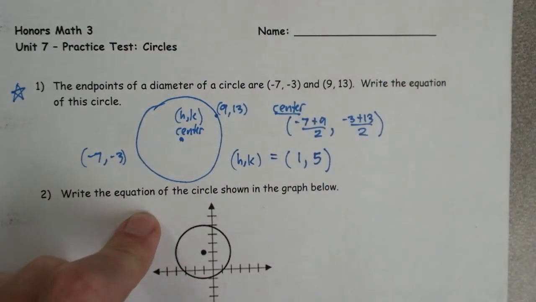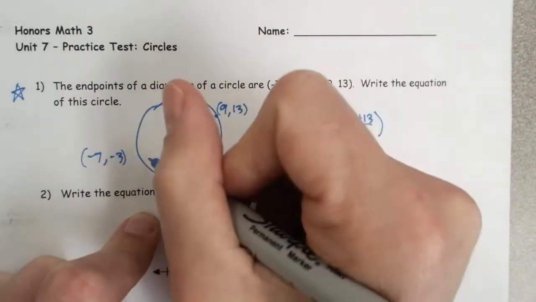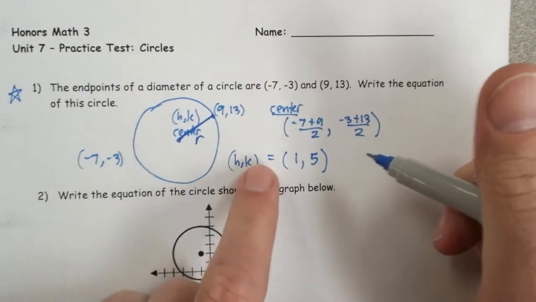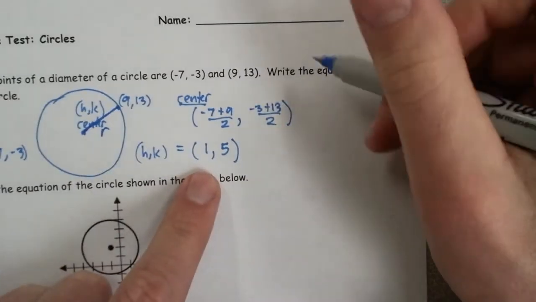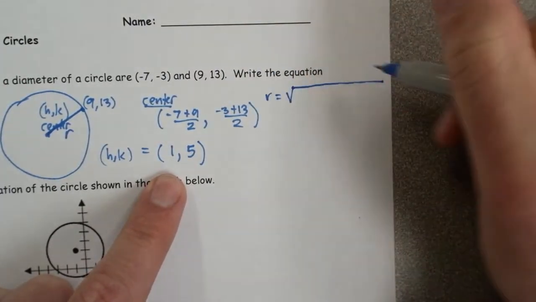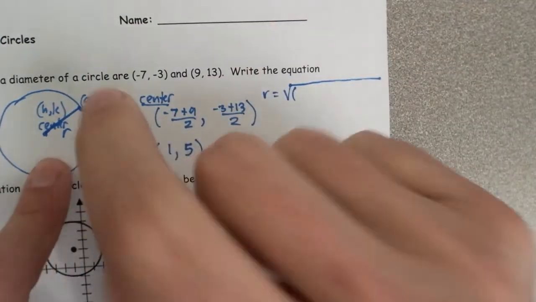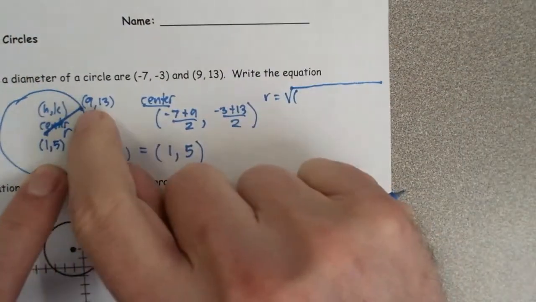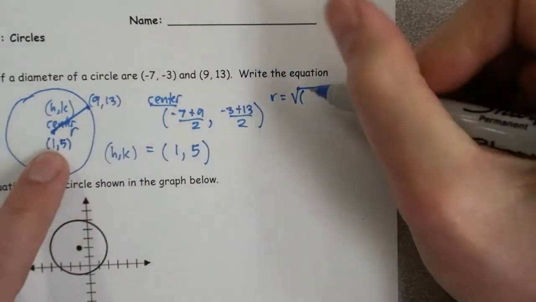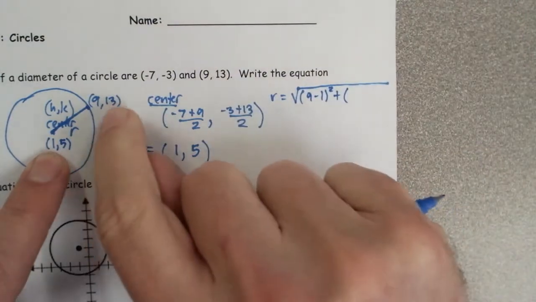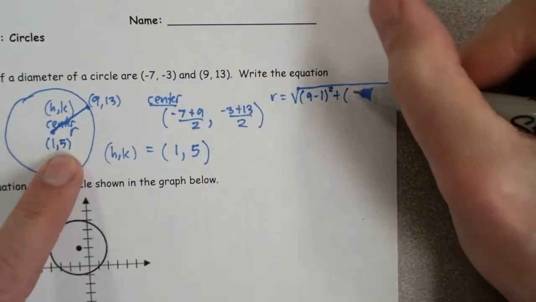To get the radius, it's the distance between one of the points and the center. So the radius, if you use the distance formula, is the square root of, since our center is (1, 5), we can say (9 minus 1) squared plus (13 minus 5) squared.